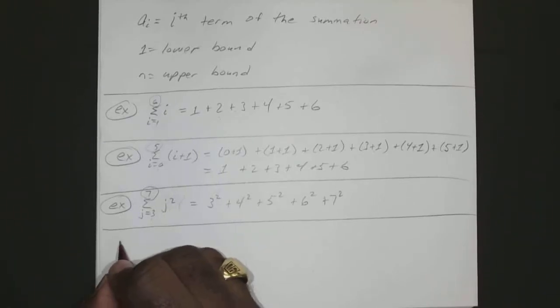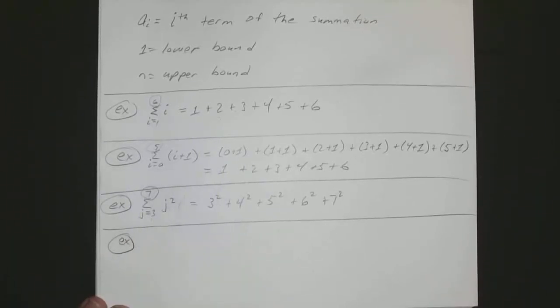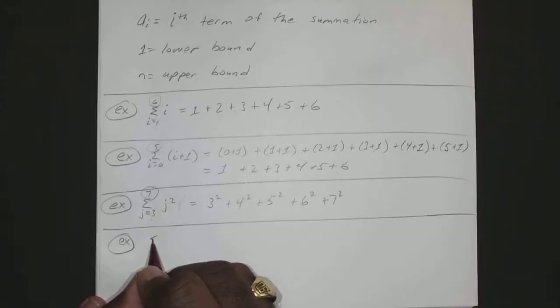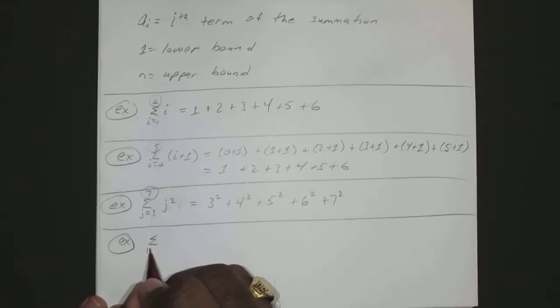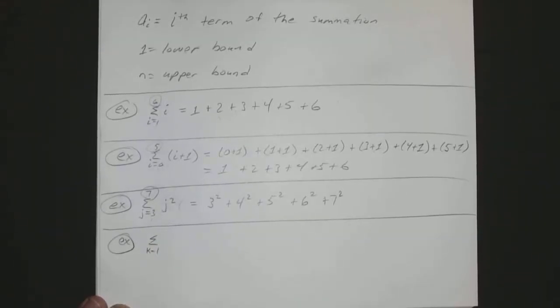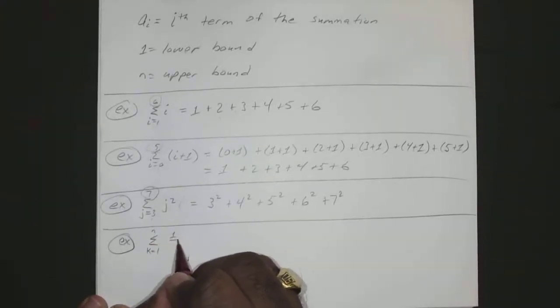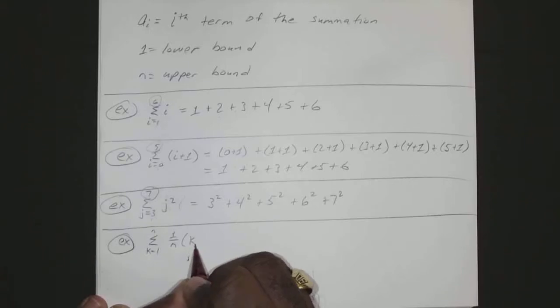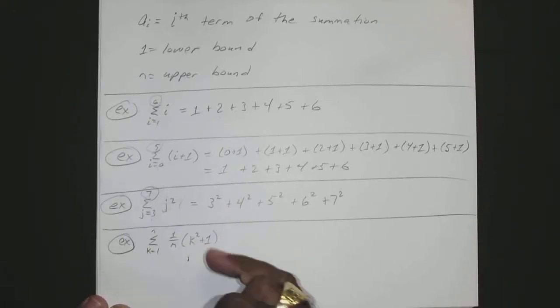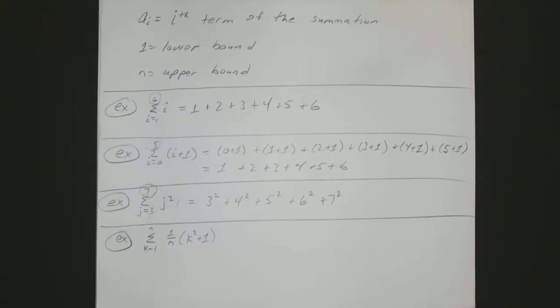And let's say if we have, for our next example, the sum from k equals 1 to n of 1 over n times k squared plus 1. Okay, so here we're just going to replace the k, because that's our lower bound.